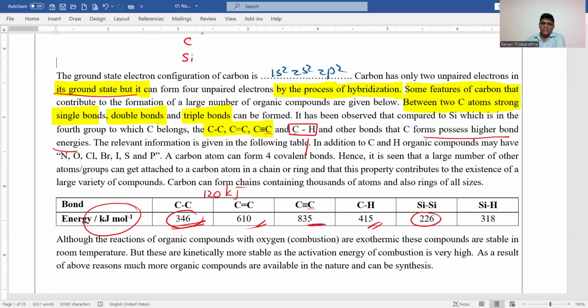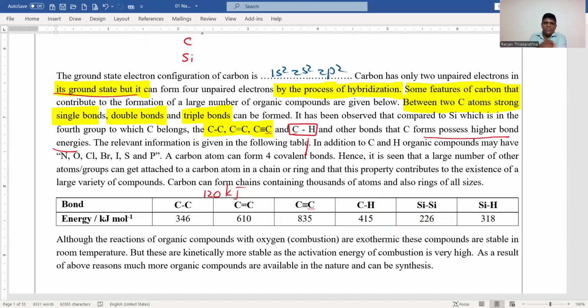The reason may be that silicon is bigger than carbon. So when the bond distance increases, the bond becomes weak. And the silicon-hydrogen bond enthalpy is 318 compared to 415. So the bonds formed by carbon, compared to silicon or other elements, are strong and stable.